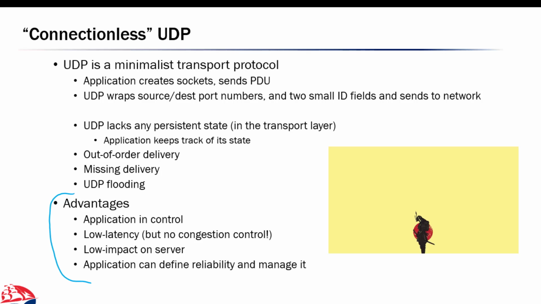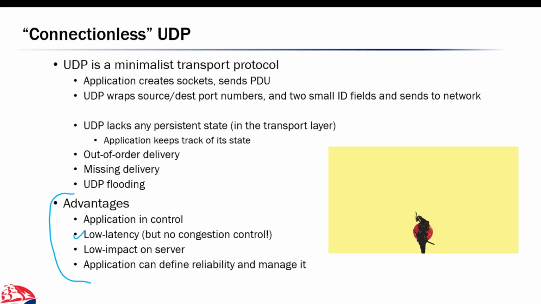Other advantages absolutely can be low latency. Because I'm not using any extra packets, everything I send is data. And there's very little overhead on top of that. And so for high performance local connections, UDP can really run circles around TCP under the right scenarios.